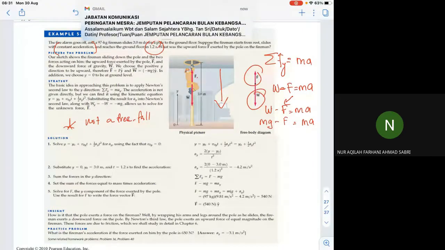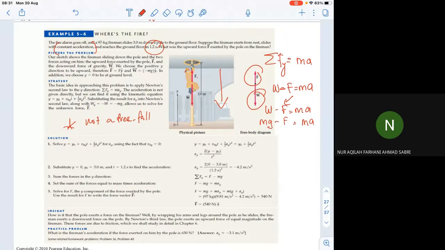They are using F minus mg, which means F minus W. So when F minus mg is equivalent to ma, F equals ma plus mg. So it's stated like a plus g.